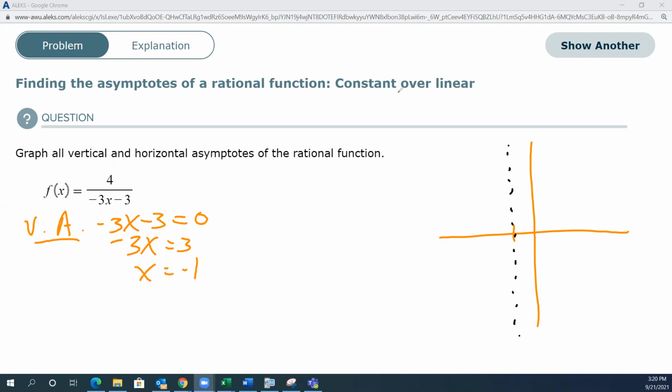What else have we got? How about the horizontal asymptote? Now I'm going to show you how to do the horizontal asymptote by hand and by calculator. Okay, the horizontal asymptote, like we saw in that last problem, is maybe right there. Let me do it with the dotted line.